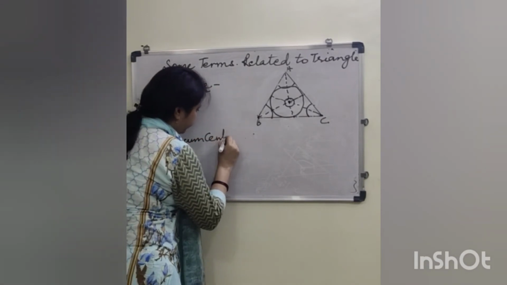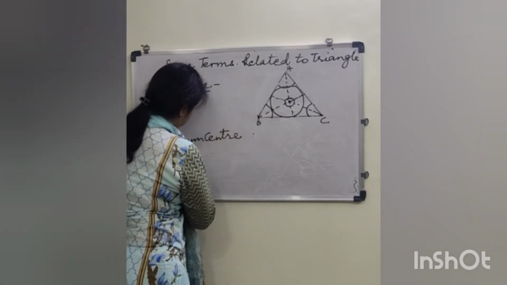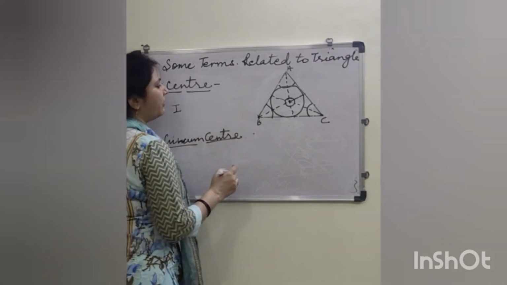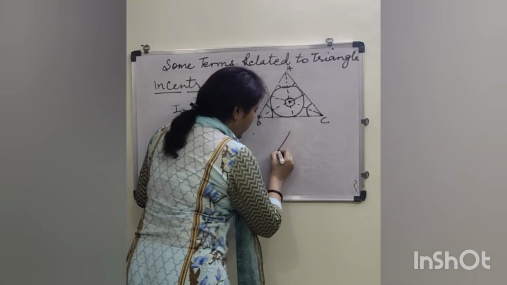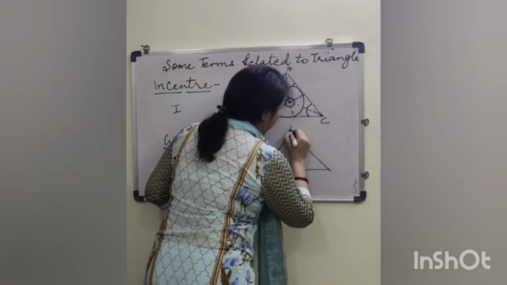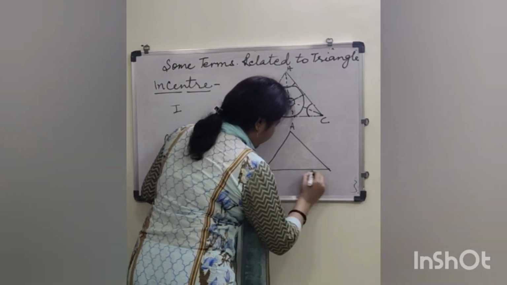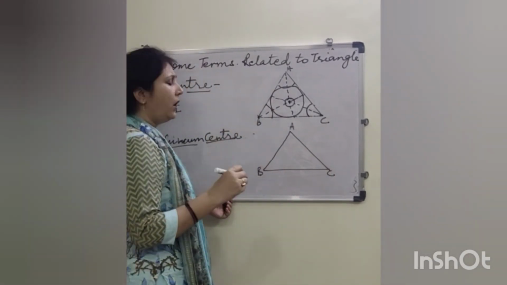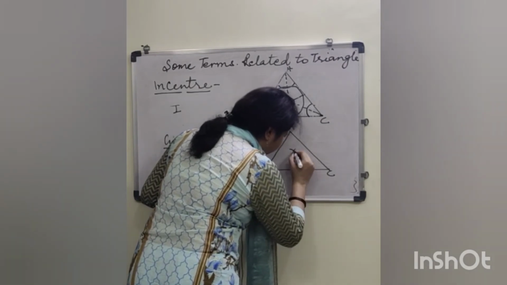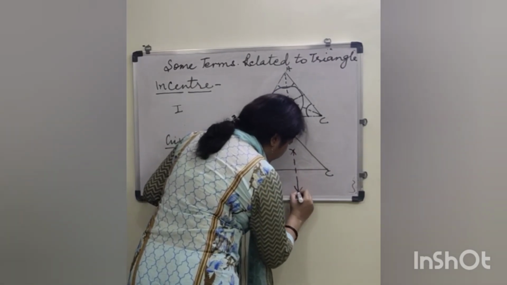Circumcenter. Again children, you take a triangle. Triangle has three sides, AB, BC, CA. You draw perpendicular bisectors of all three sides.